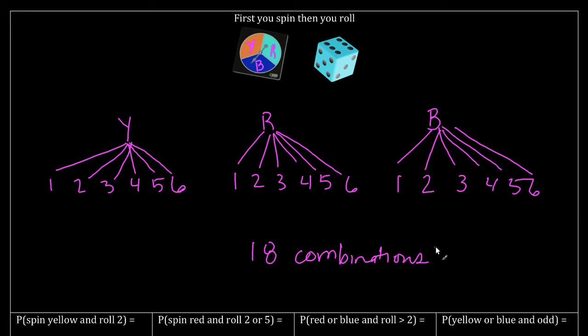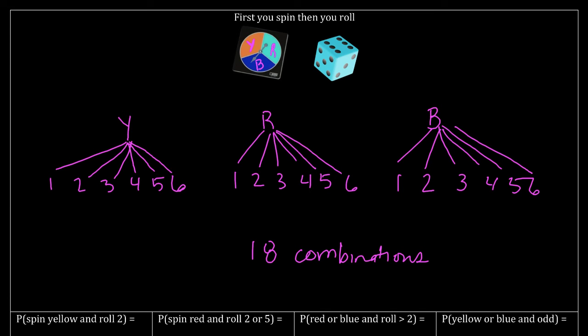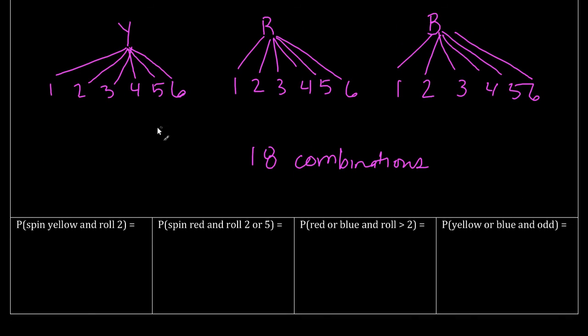Or we could say pairs of events, right? So what's the probability you would get a yellow and a 2? Yellow 2. There's only one yellow 2, one yellow 2 out of all 18.